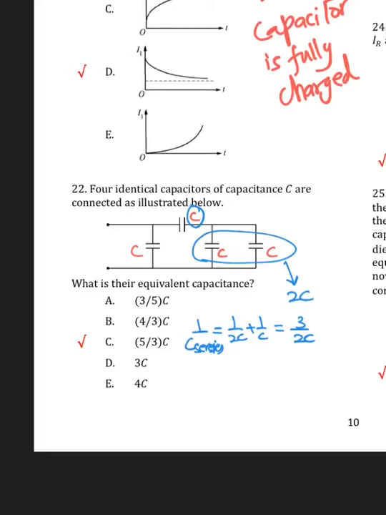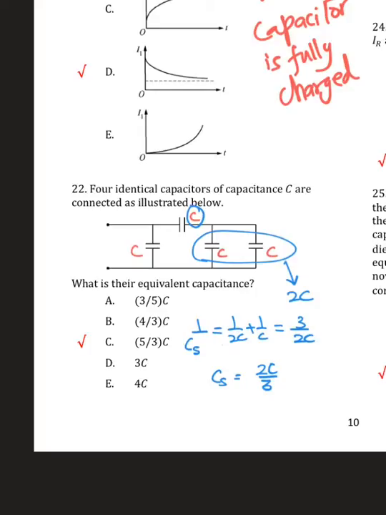So let me just write it as CS, in series. So CS will be 2C over 3, and then this one is left.